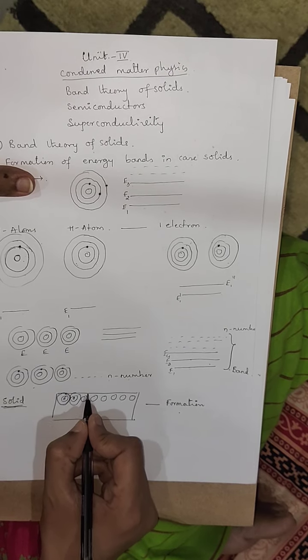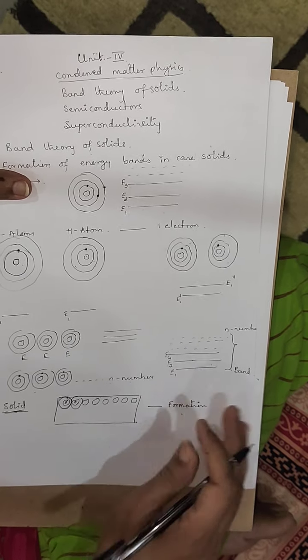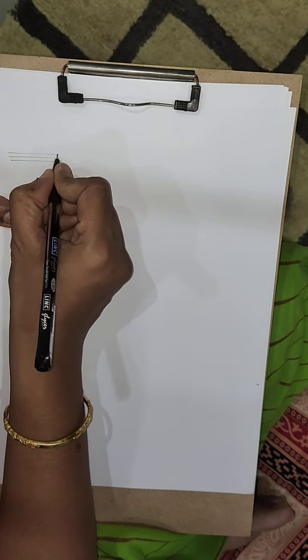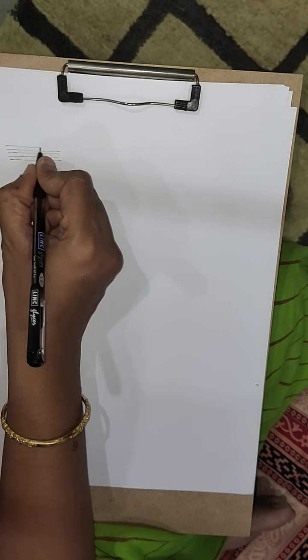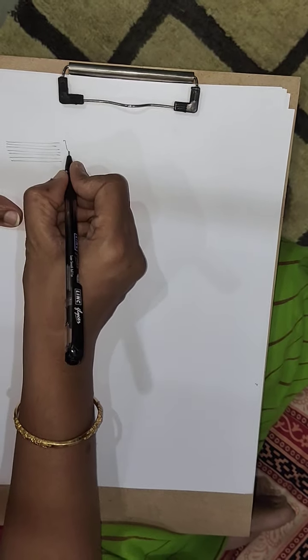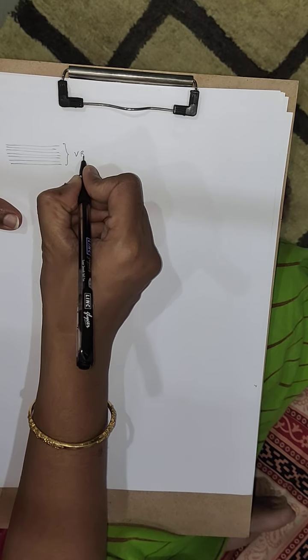If all the valence electron energy levels are drawn, the energy levels look something like this. The energy of these electrons is very close to each other, however many atoms we have, and this we call the valence band.